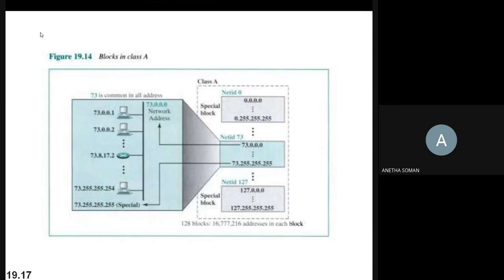The first block starts with 0.0.0.0. I know in a class A address the first byte denotes the net ID, right? So what is the net ID of that? It will be 0. Now the last address of the first block will be 0.255.255.255. The meaning is that in a particular block, the net ID is constant and the host ID varies.